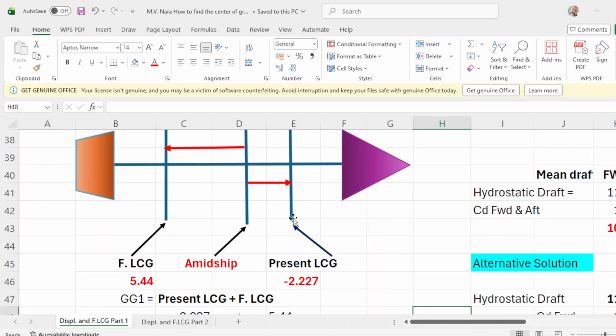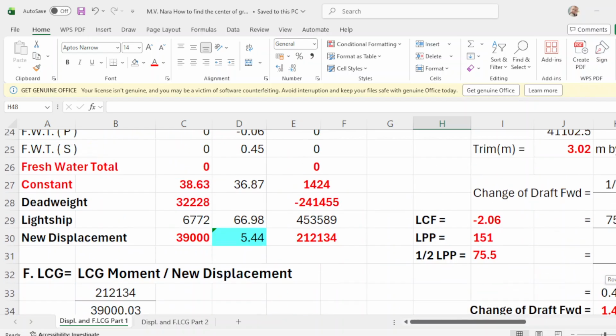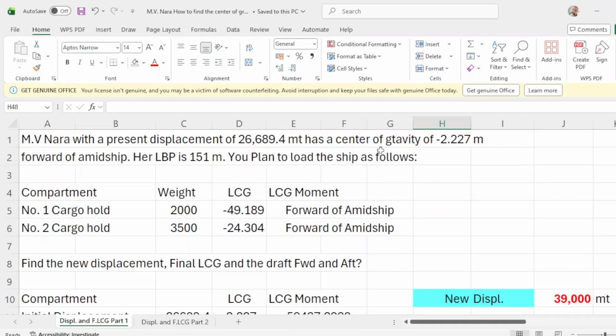That is what it meant when it says the vessel has a center of gravity of negative 2.227 meters forward of amidship. Forward, because it is forward.